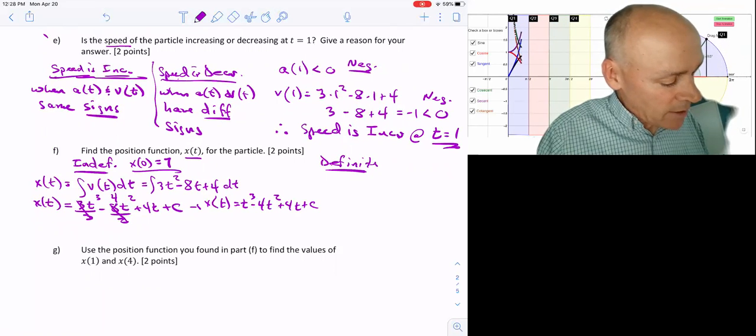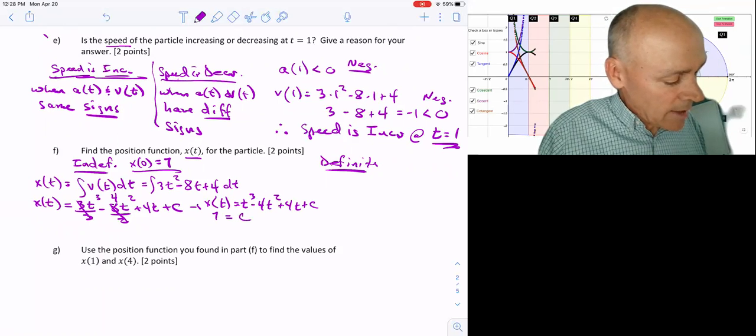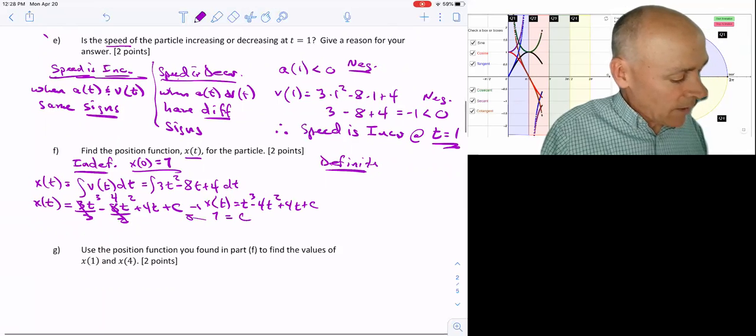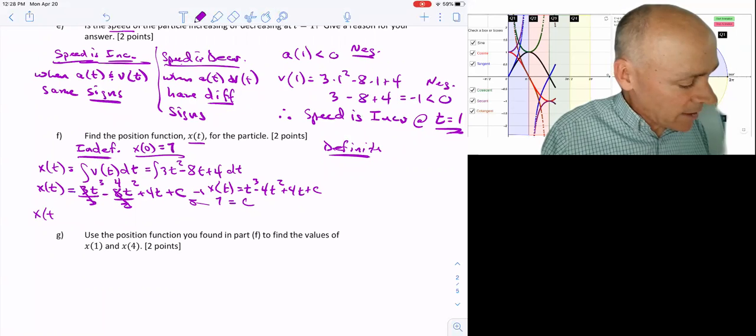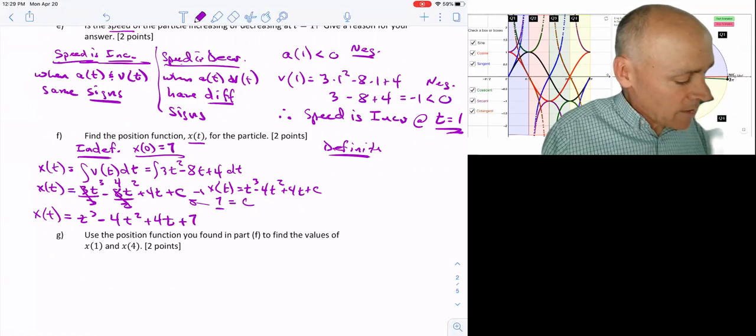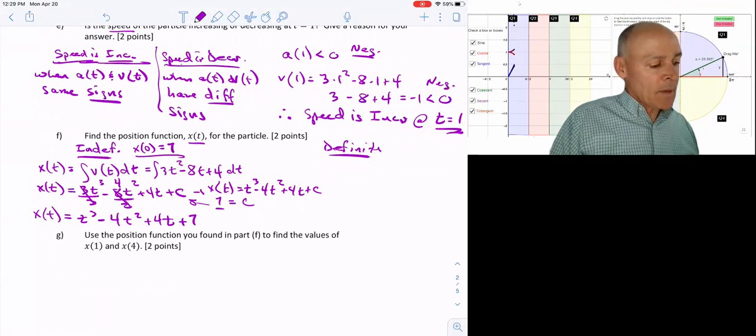Substitute in my initial condition, that's going to be 7 is equal to c. That's going to go in right there, and then that is my position function x at t. The value of my constant of integration is 7. So t cubed minus 4t squared plus 4t plus 7.